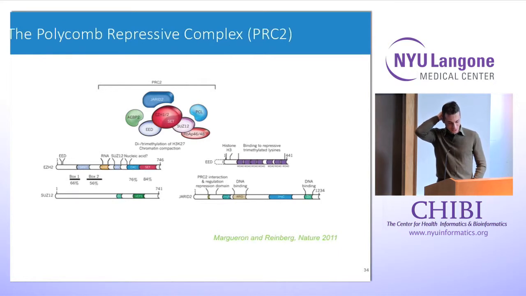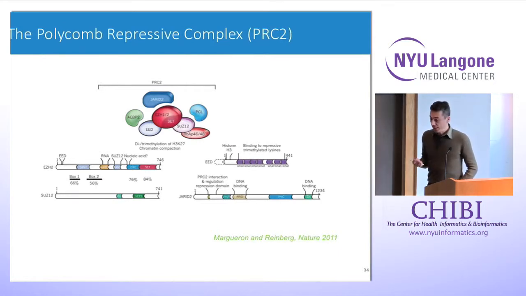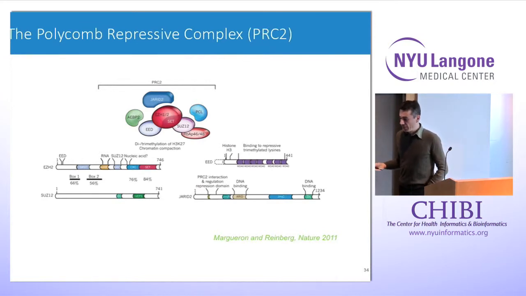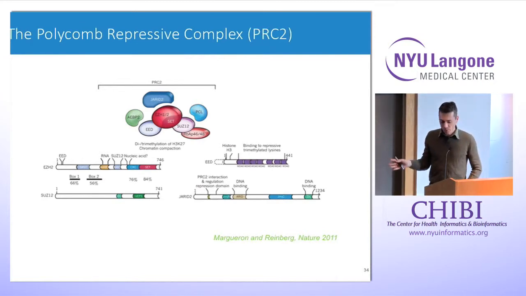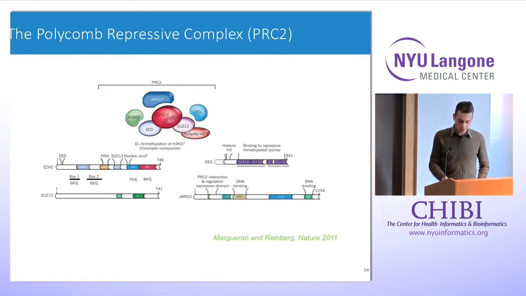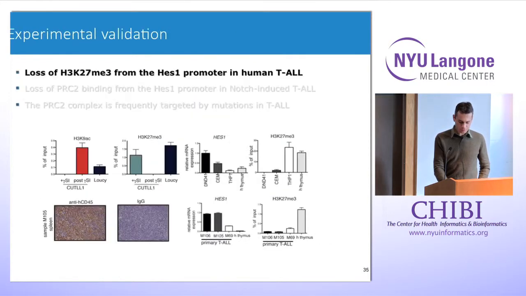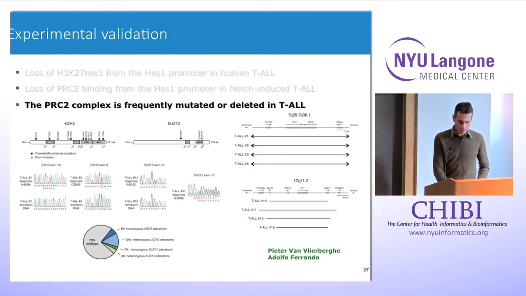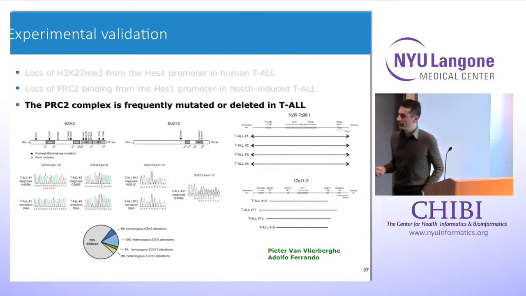So, okay, now we established that K27 loss, when you go to leukemia, is the most important, at least of the ones we tested, epigenetic change. And of course, we knew that PRC2 and EZH2 in particular methylates K27, so we wondered whether there is a defect in this gene, and luckily at that point Dr. Ferrando's lab from Columbia had the data to support that.